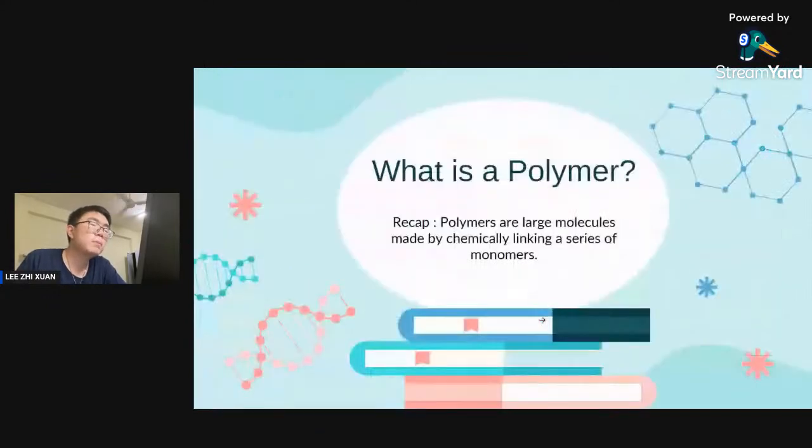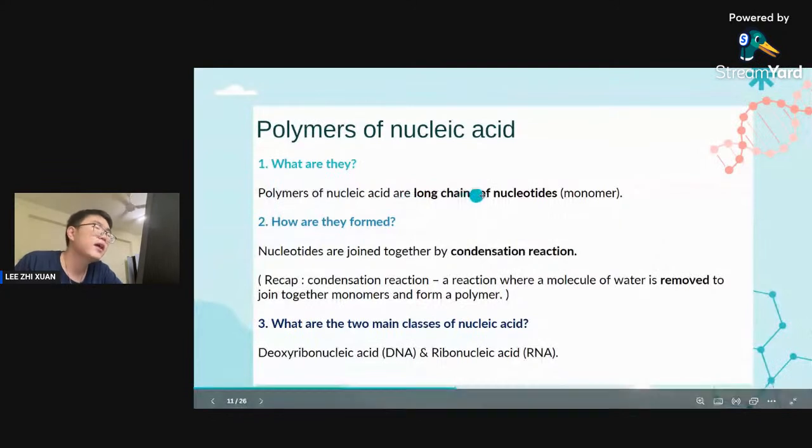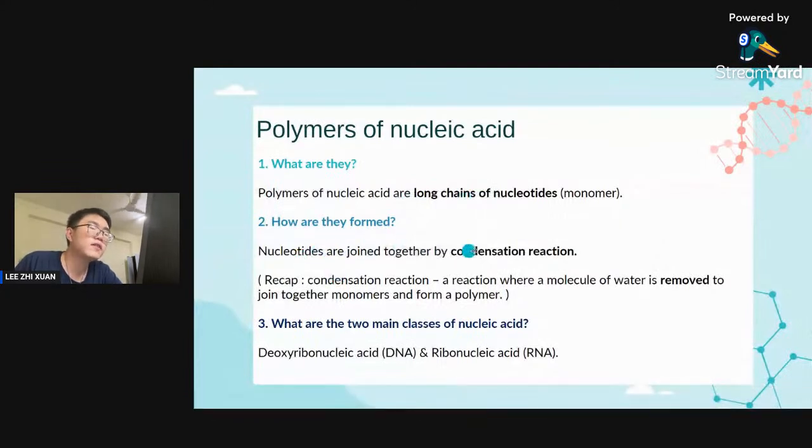Okay, polymer. I don't want to go over it again. A polymer is made up of many monomers linked together to become a large molecule. The nucleic acid is a long chain of nucleotides. The nucleotides undergo a condensation reaction, the same as the previous biological molecules: carbohydrate, lipid, and also protein.